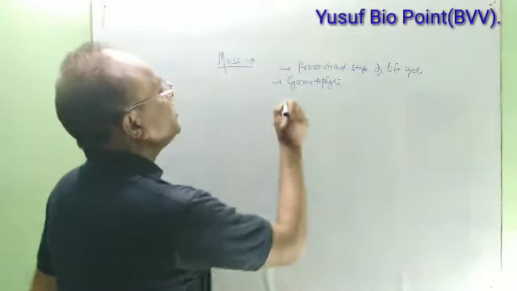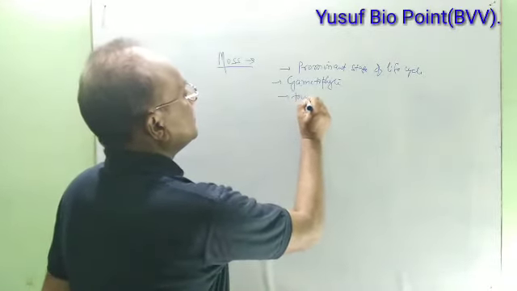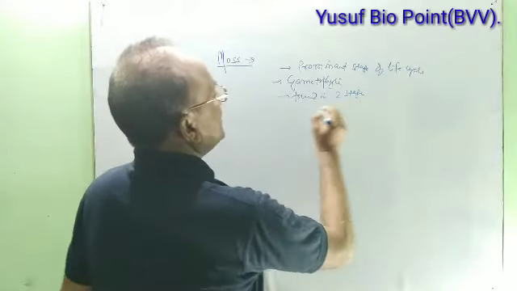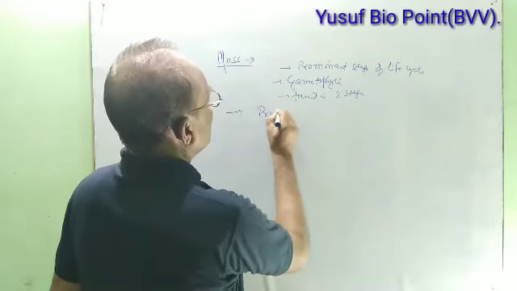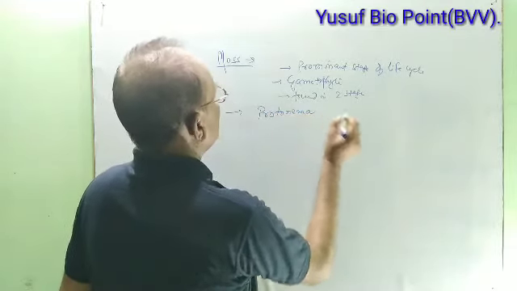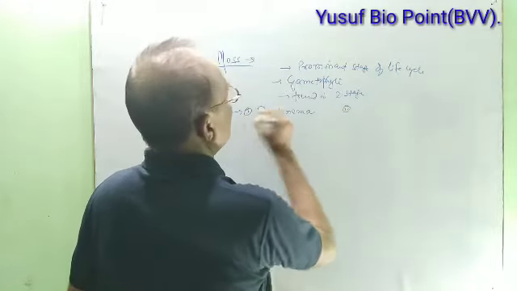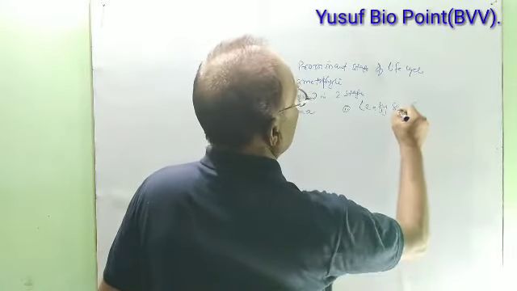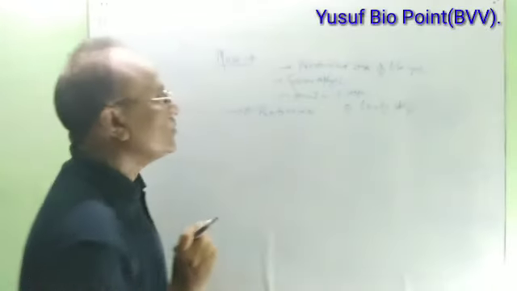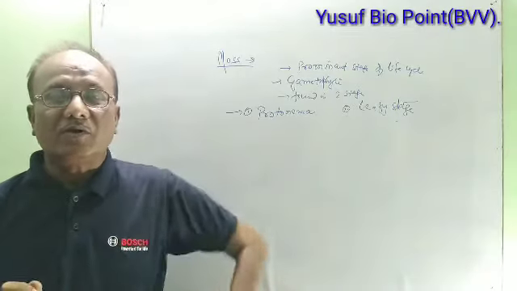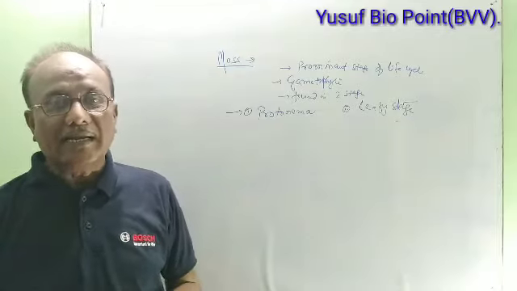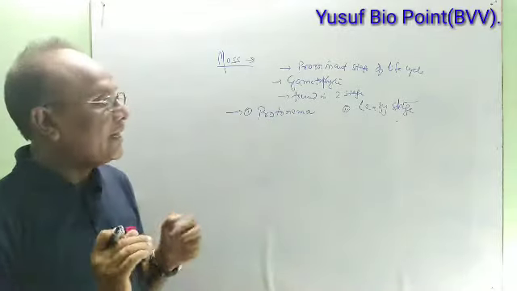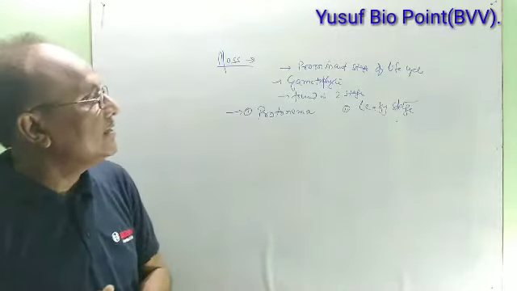It is found in two stages: one is protonema and the second one is the leafy stage. Like all bryophytes, it is found in moist and sandy places. The protonema is a thin thread-like structure on which the leafy stages are found.